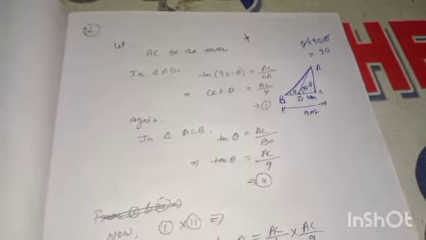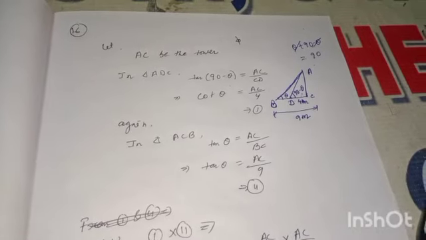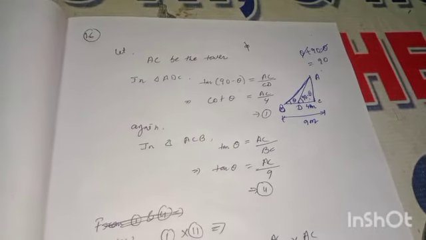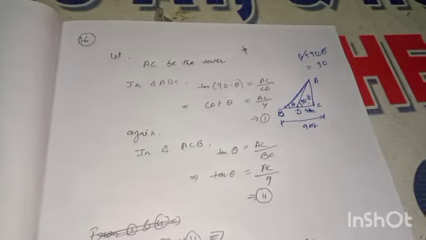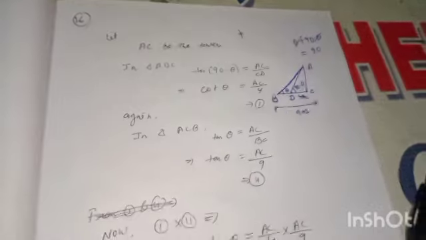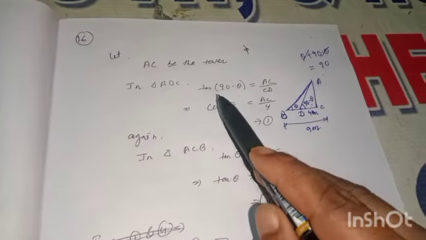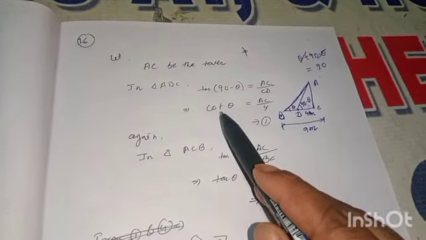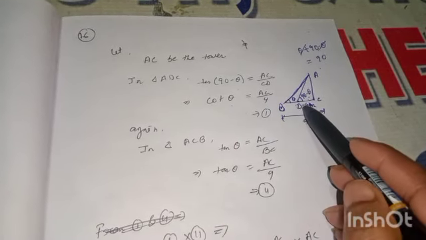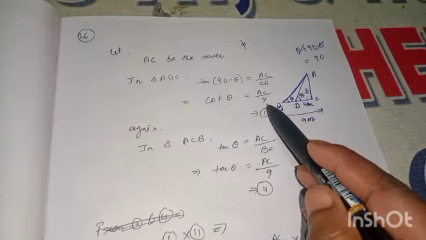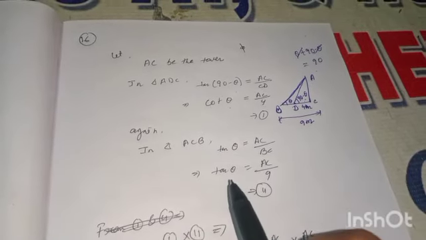I repeat once again, tan 90 minus theta is equal to cot theta, cot 90 minus theta is equal to tan theta. So in place of tan 90 minus theta you can write cot theta easily. AC we don't have the value, but DC we have 4. So cot theta equals AC by 4. This is number 1. Clear?